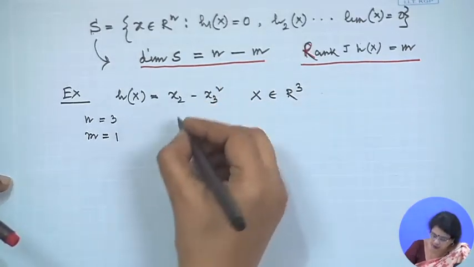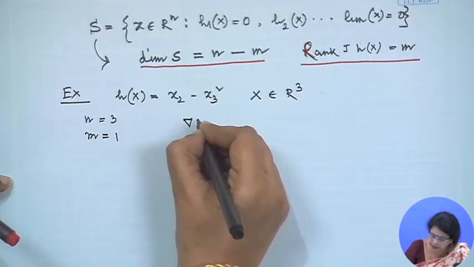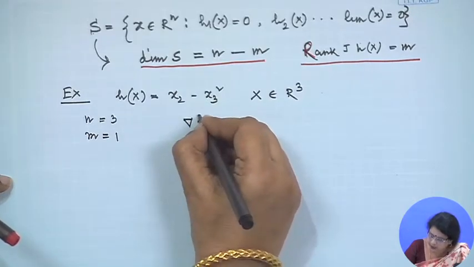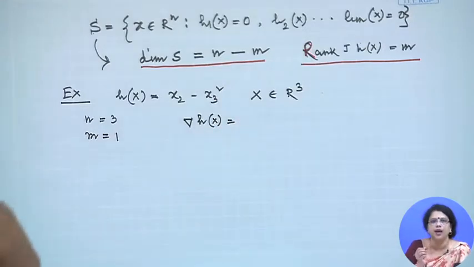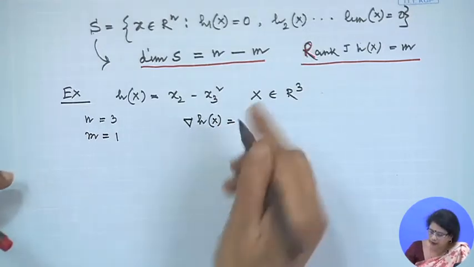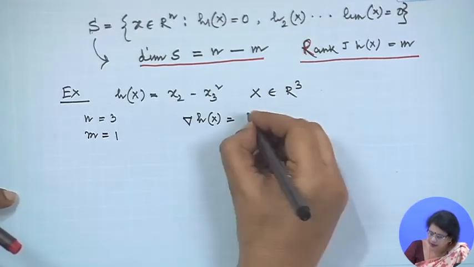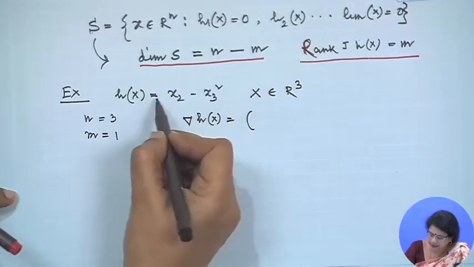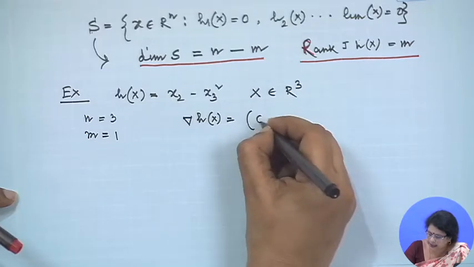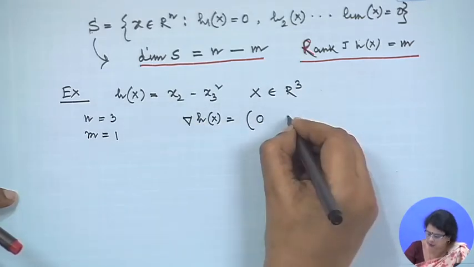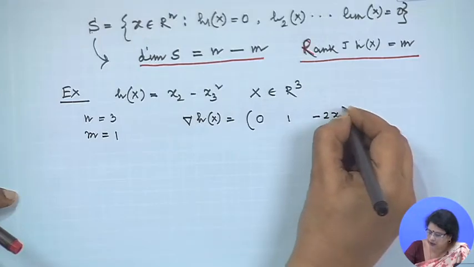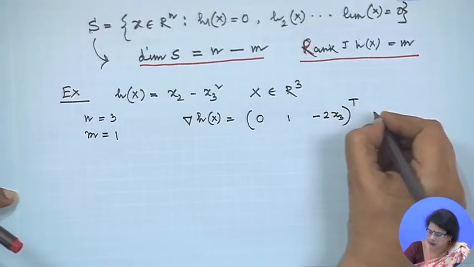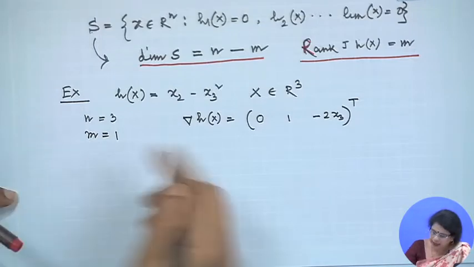Now, if we find the Jacobian of h(x), since there is only one constraint, we will get a column vector. With respect to x1 it is 0, with respect to x2 it is 1, with respect to x3 it is minus 2 x3. This is grad of h.